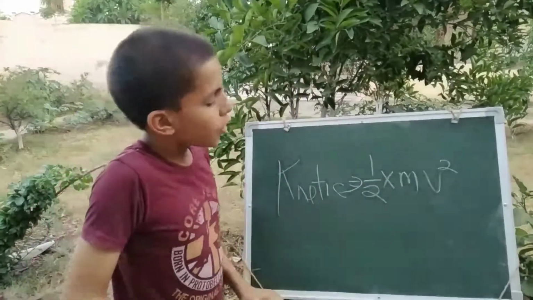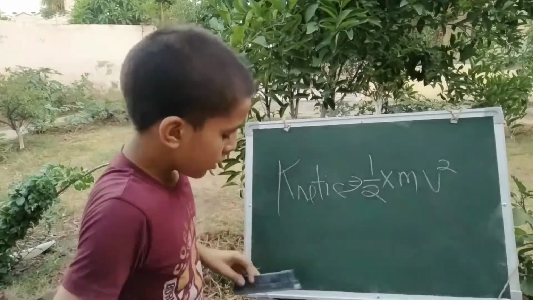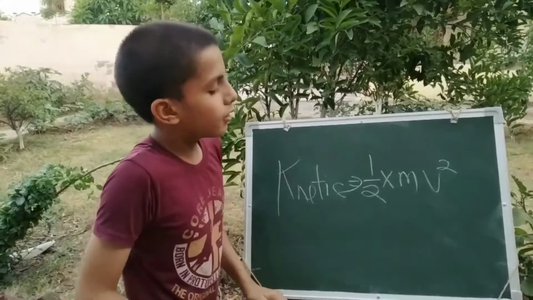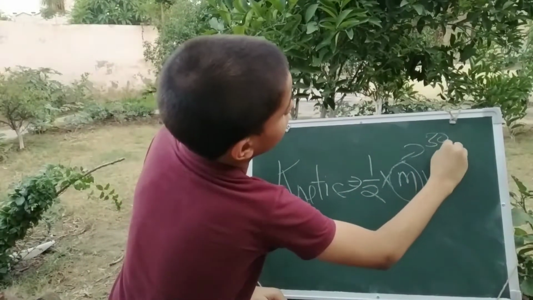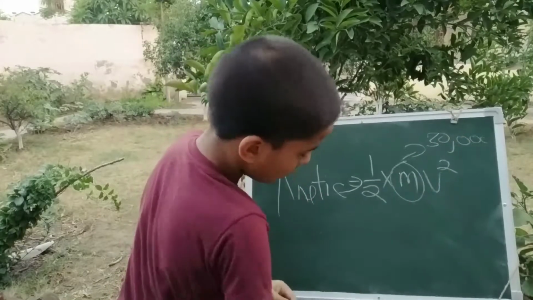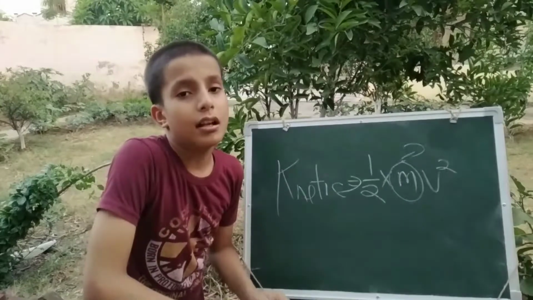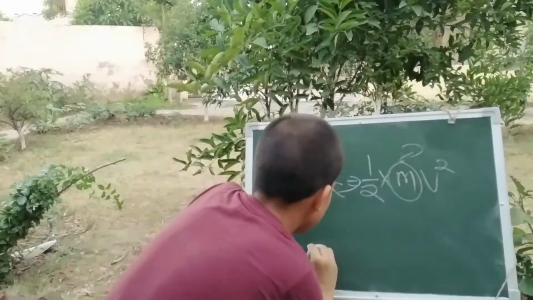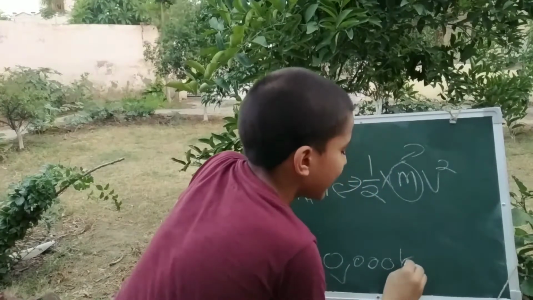Okay, so for example, there's a car that is moving like this. Okay, and we say that the mass of the car is approximately 20,000 kg.